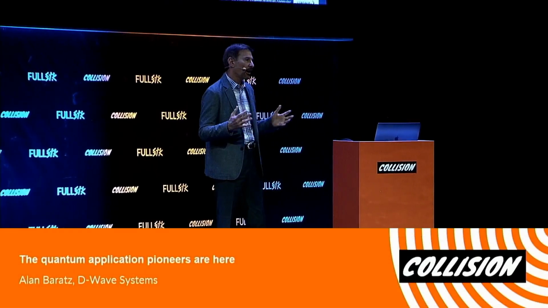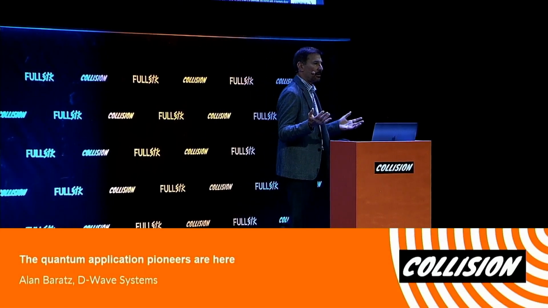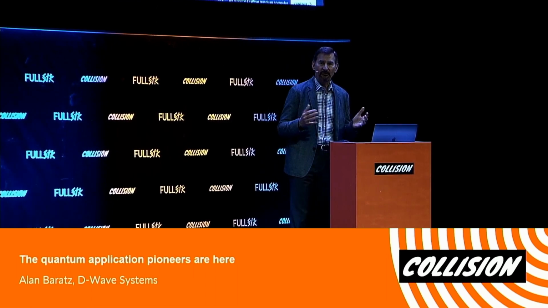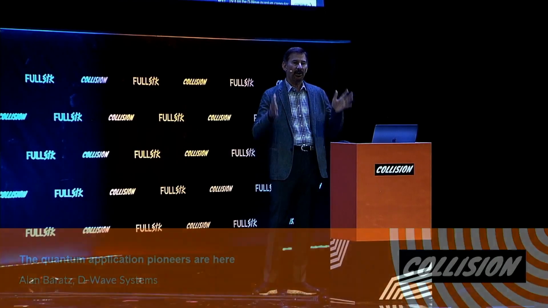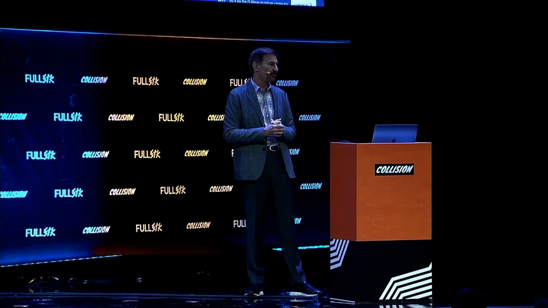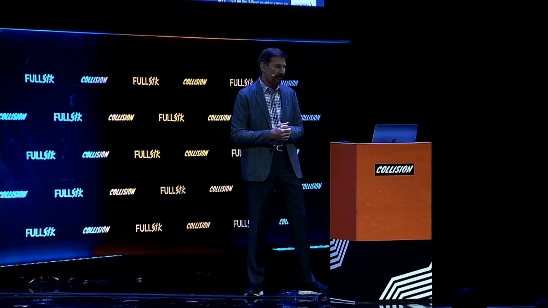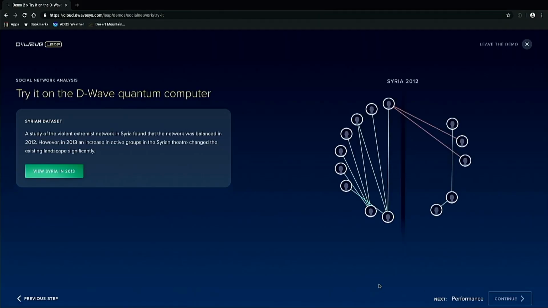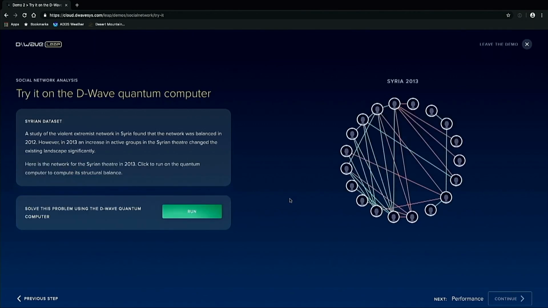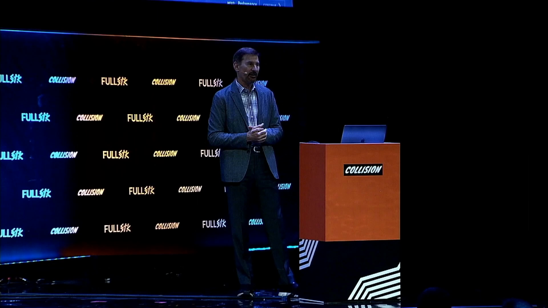So if you've got a large terrorist network with friendly or unfriendly relationships between them, and it's not possible to divide the network in a way that it's balanced, that's a predictor of violence. And in fact, they analyzed the Syrian theater in 2012 and then again in 2013 and found that in 2013 the network became unbalanced and violence broke out.